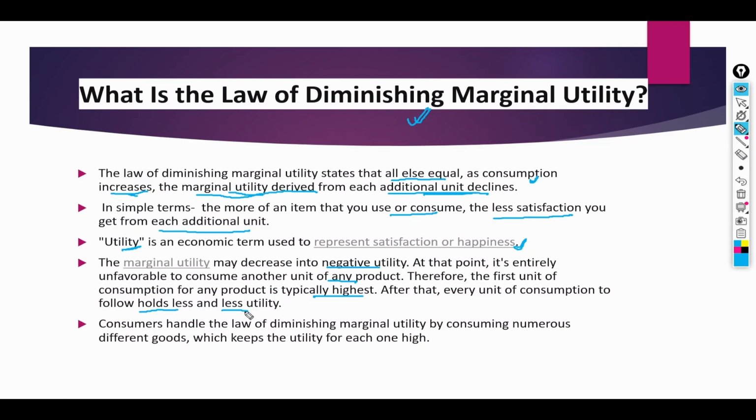If you're buying the biscuit or chips or kurkure or anything, you must have seen they keep on changing even the advertisement, they do it differently every time, because they knew this thing that if you'll be looking to the same packaging, same product time and again, even if inside the item is same, but by looking to it you'll get bored, and sometimes you avoid using that product and you move on to some other brand, some other product. That's why they keep on changing their look. Sometimes they keep on changing their taste and all.